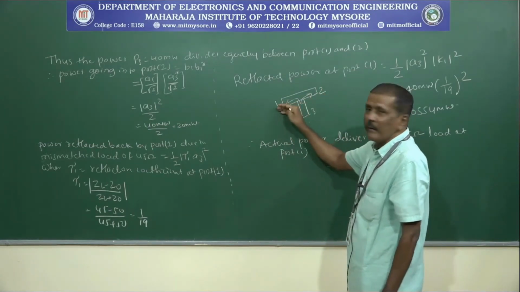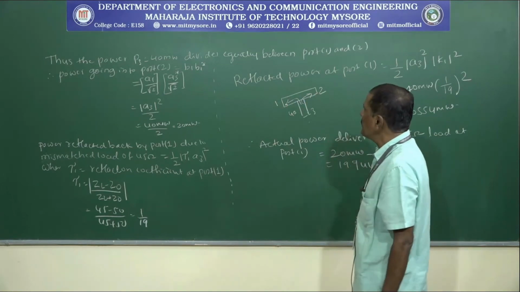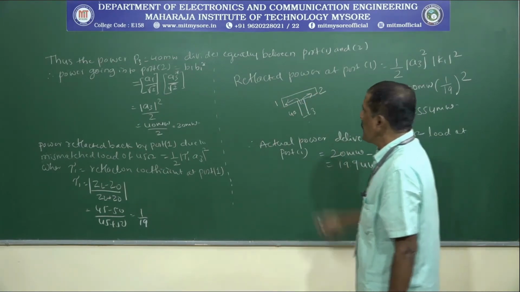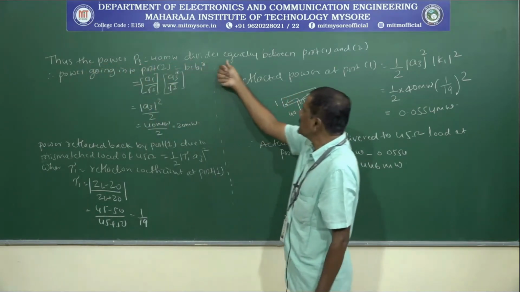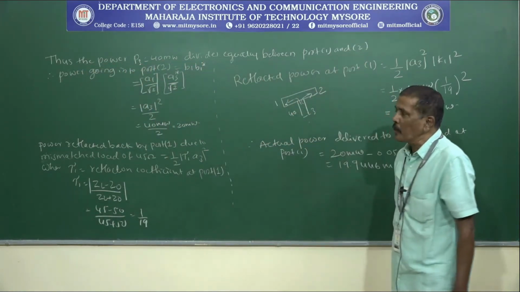That means 20 milliwatts will go to port 1 and 20 milliwatts will go to port 2. Thus the power P3 equal to 40 milliwatts divides equally between port 1 and port 2.